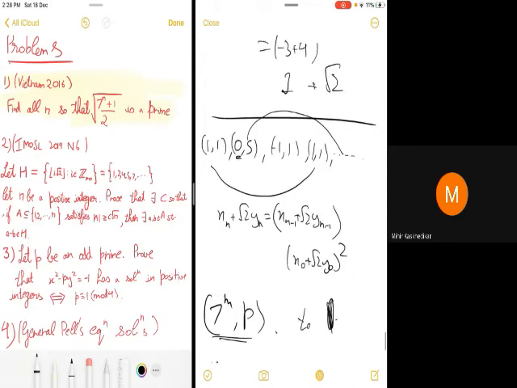Like this is k is 1, this is k is 2, this is k is 3, and so on.